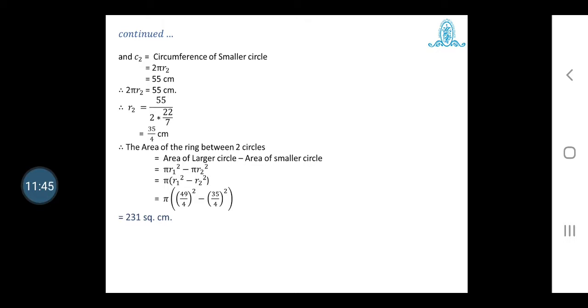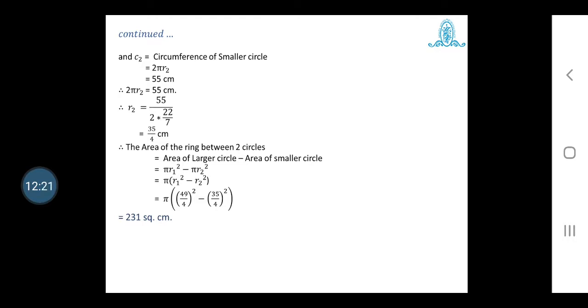We can calculate here both R1 as well as R2. After that, we have to find area of ring between two concentric circles. So how do we find it? Yes, area of larger circle minus area of smaller circle. And what is the formula of area? Pi r square, where R1 is the radius of larger circle and R2 is the radius of smaller circle. So substitute both values. Before that, if we take pi common from both sides, R1 square minus R2 square.